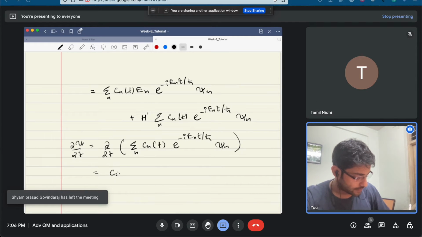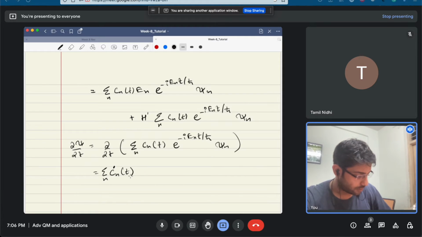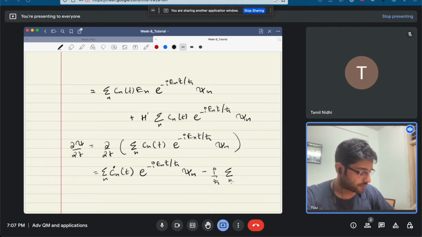So what we get is summation Cn dot psi n, minus I by h bar, and since En is a function of n, we have to take it in the summation.